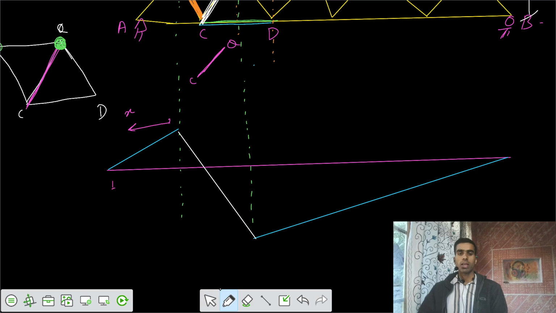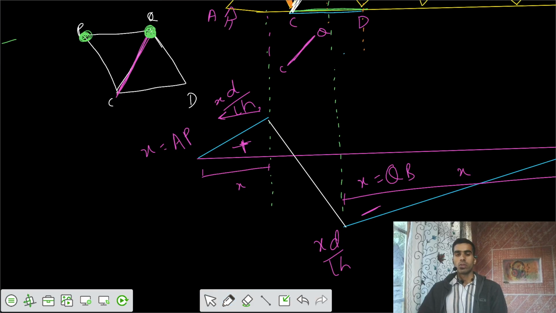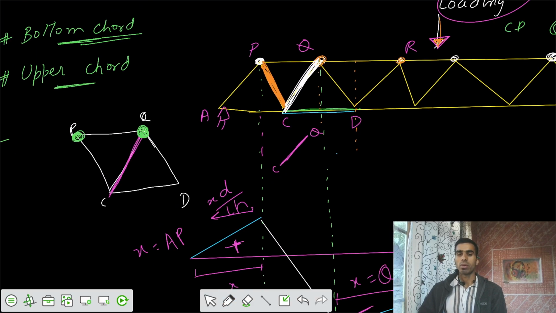I don't know the value of x, so you just see what is the value of x up to the point B. So that's x d by lh, and this one is also x d by lh, where your value of x is in this direction. So here the x value equals QB, and for this one x equals AP. So this one is your positive and this one is your negative diagram. So this was your ILD for the diagonal members.